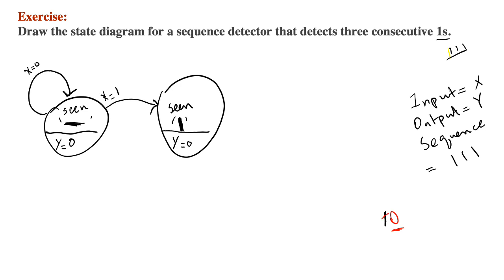We're going to cross the oldest bit and then check if we have 0 as part of the sequence. We don't. So we can cross this 0. That means we're going to end up with nothing, right? So we'll loop back, or we're going to go back to the initial state if we receive a 0.